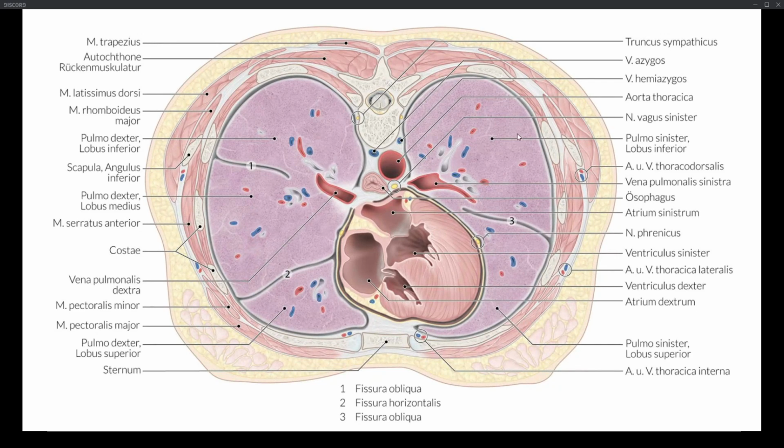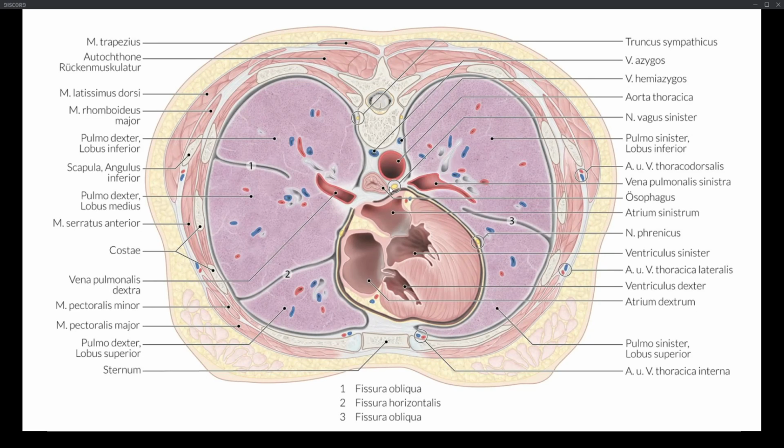We have, of course, here the lungs, and now we can also see that this over here is the nervus vagus sinister. Sinister is the Latin term for left, and dexter, or dextrum, is the Latin term for right.